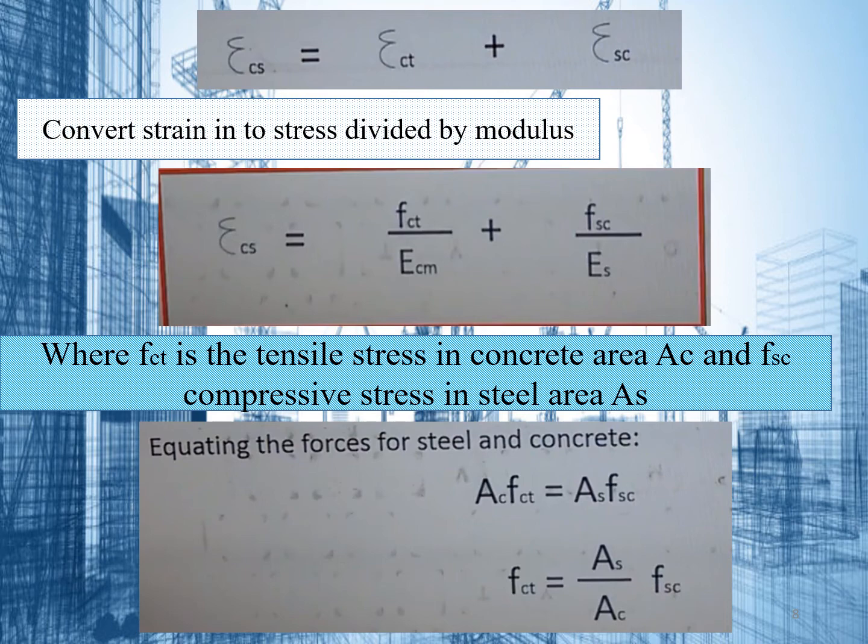From left side, FCT, tensile stress of the concrete, equal to AS divided by AC times FSC. FSC means compressive stress in steel.